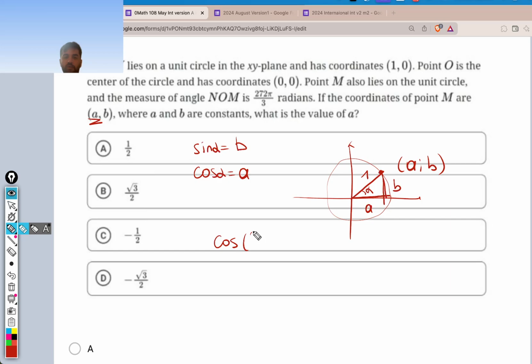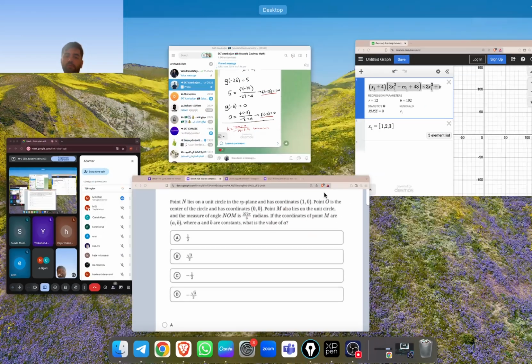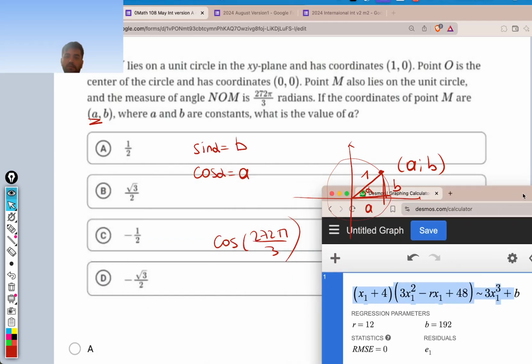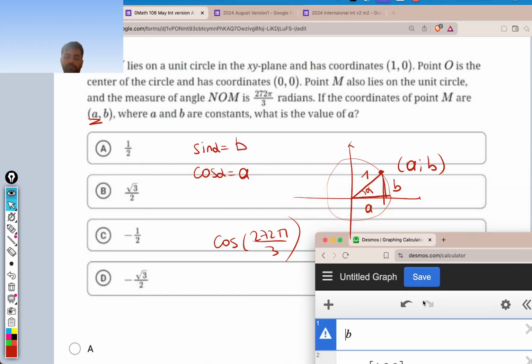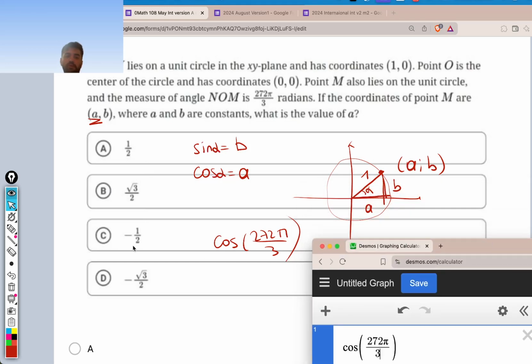So we have to find cosine 272π over 3. And for finding this one, we have to just use decimals. It will be very, very easy. Cosine 272π over 3. So what will answer? Negative 0.5. Answer will be C.